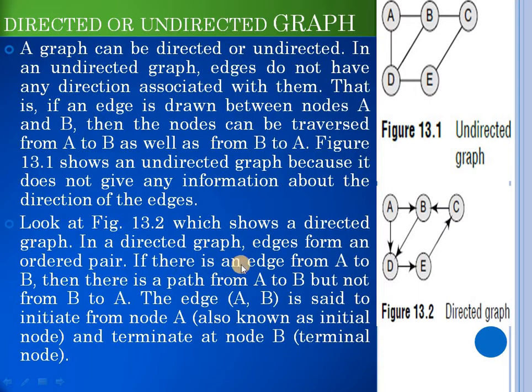If there is an edge from A to B, then there is a path from A to B but not from B to A. Here the A to B path is there, so B to A is not available. But in this case we have an A to B path, also B to A. We can travel A to B and B to A also.